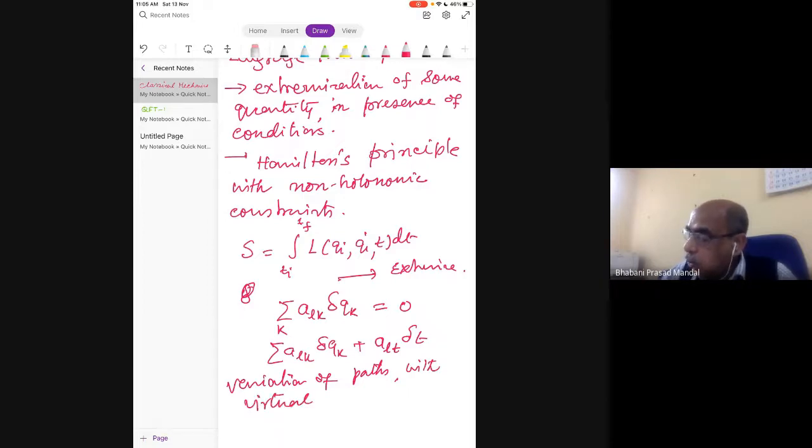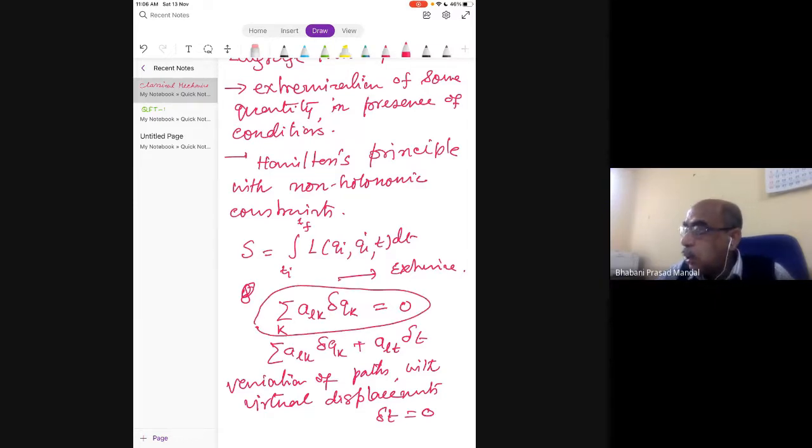That means we put some external force such that there will be only virtual displacement, which balances those constraint forces. We will see the meaning of the Lagrange multipliers in that sense. If we consider virtual displacement, then delta t should be 0, so you are left with this constraint.